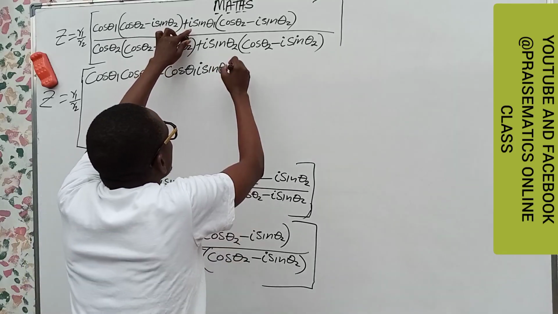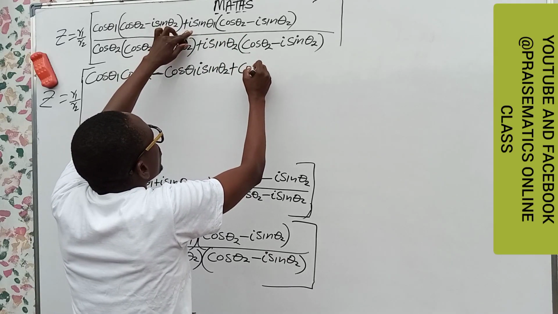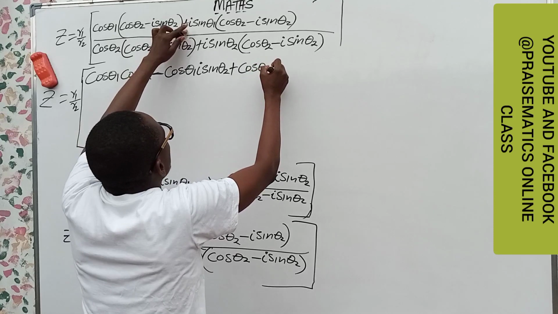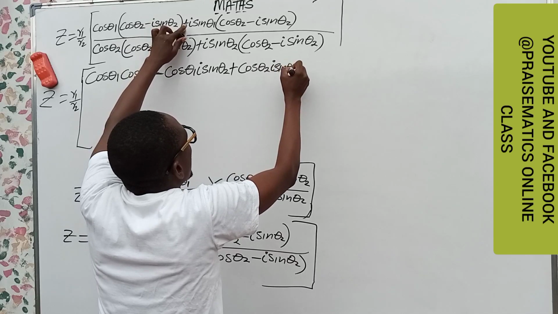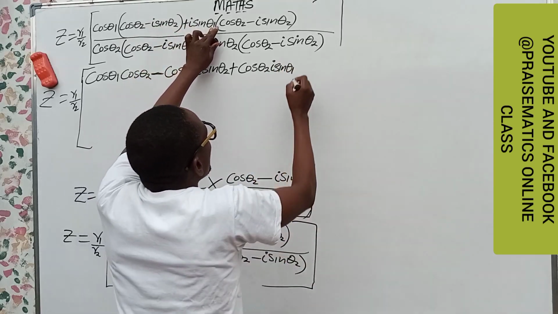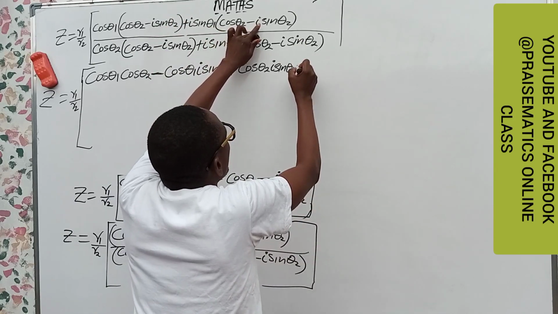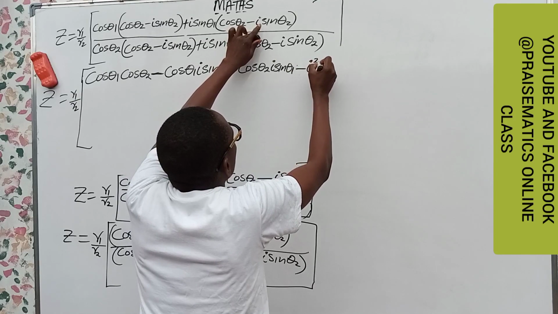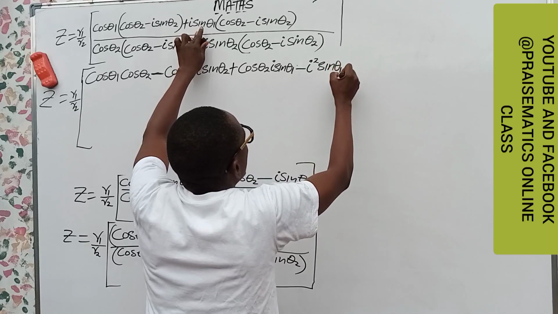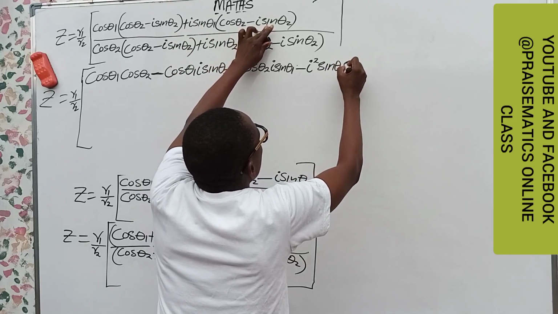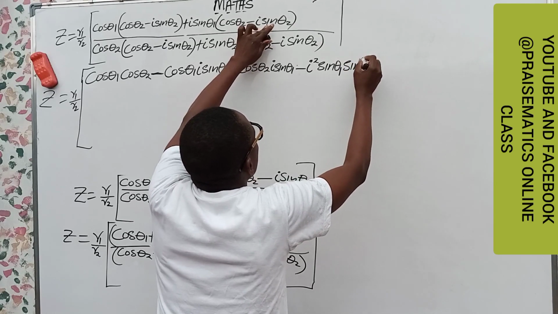Now let's go to this one. It will give us plus cos theta 2 times I sin theta 1, close it, plus, okay, minus I times I will give us minus I square sin theta 1 times sin theta 2, which gives sin theta 1 sin theta 2. So that is the numerator.